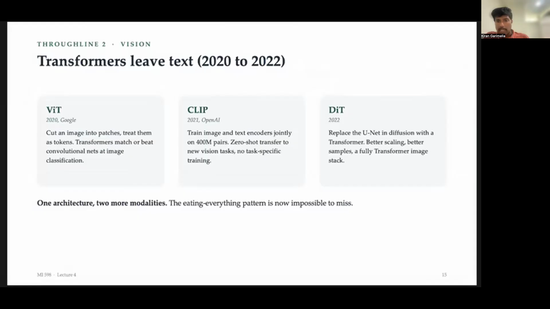Then there's the CLIP paper, which is another big breakthrough in 2021 from OpenAI. The idea here is you can do joint embeddings of content into the same space. If you remember Word2Vec, that was converting text into a mathematical representation. CLIP represents text and images in the same space.